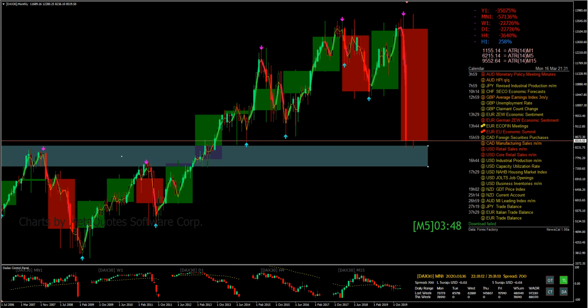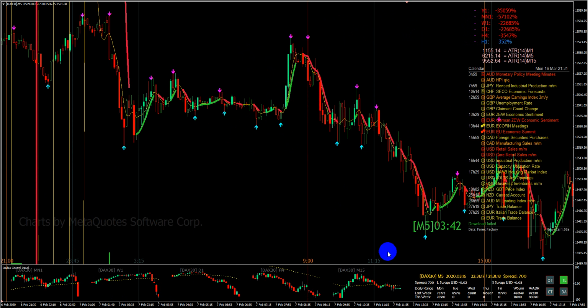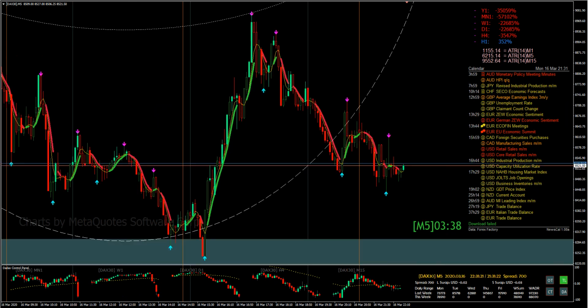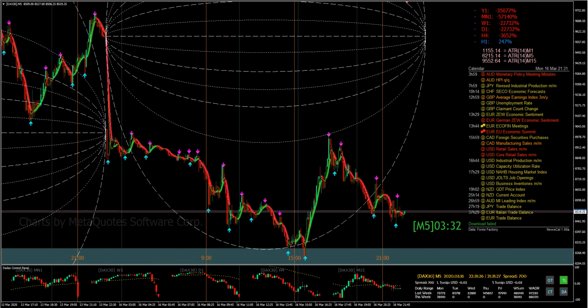Now, generally, let's look at the charts. We can clearly see what the market has done today on the DAX 30 index.